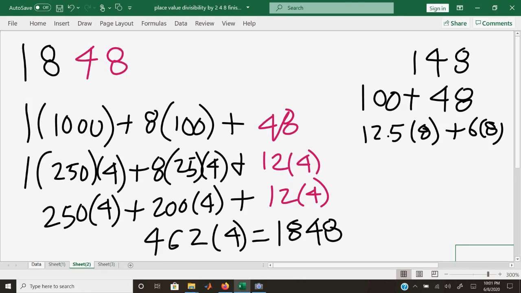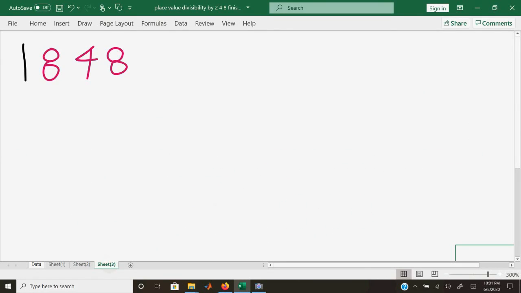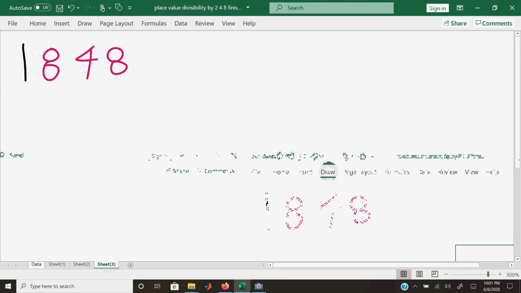Once I have a decimal, it's not divisible. Divisible means you don't get a decimal. So if I want to see if I'm divisible by 8, I have to step it up a little bit. I have to look at the last 3 digits to see if it's divisible by 8.